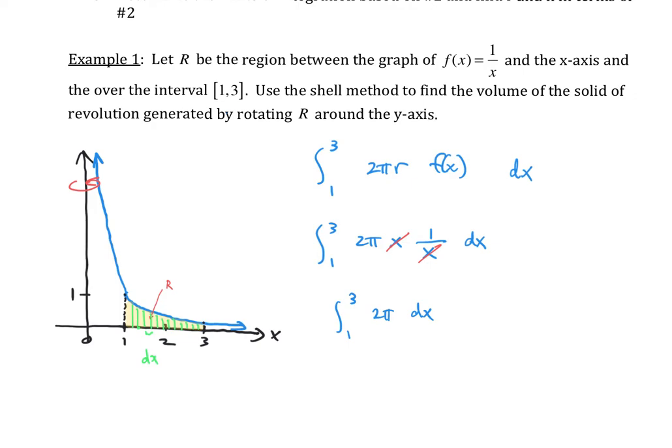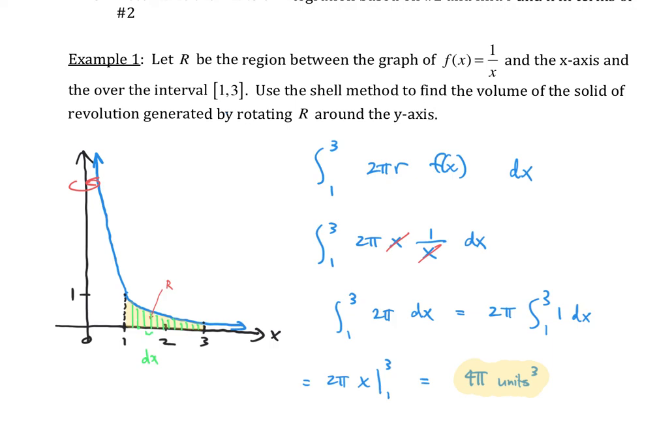And I can factor out the 2 pi, so that's going to become 2 pi times the integral from 1 to 3 of 1 dx. That's just going to be equal to 2 pi times x as we go from 1 to 3. And 3 minus 1 is 2. 2 times 2 pi is 4 pi. So we'll have 4 pi units cubed because it's going to be a volume. So let me just highlight this as our final answer.